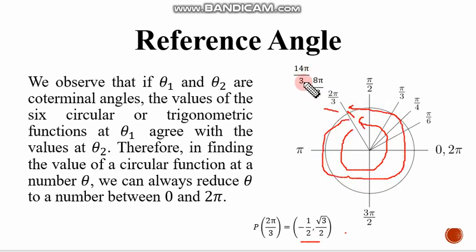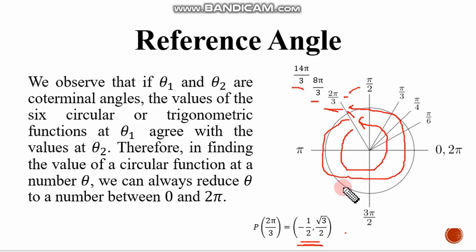So as we add 2 pi, the angles are always coterminal with a certain angle. So for the example here, 2 pi over 3 with the values negative 1 half and square root of 3 over 2, the coterminal angles 8 pi over 3 and 14 pi over 3 also share the same values as the original angle, which is 2 pi over 3.